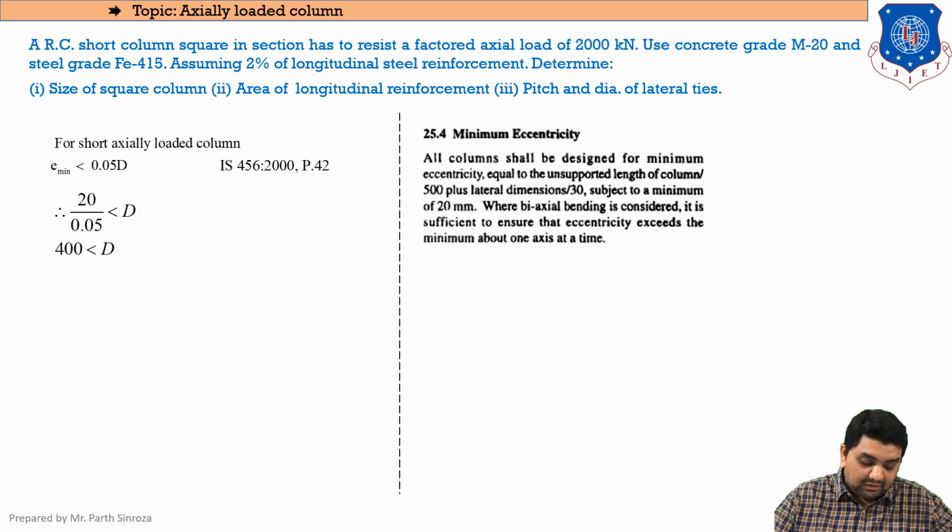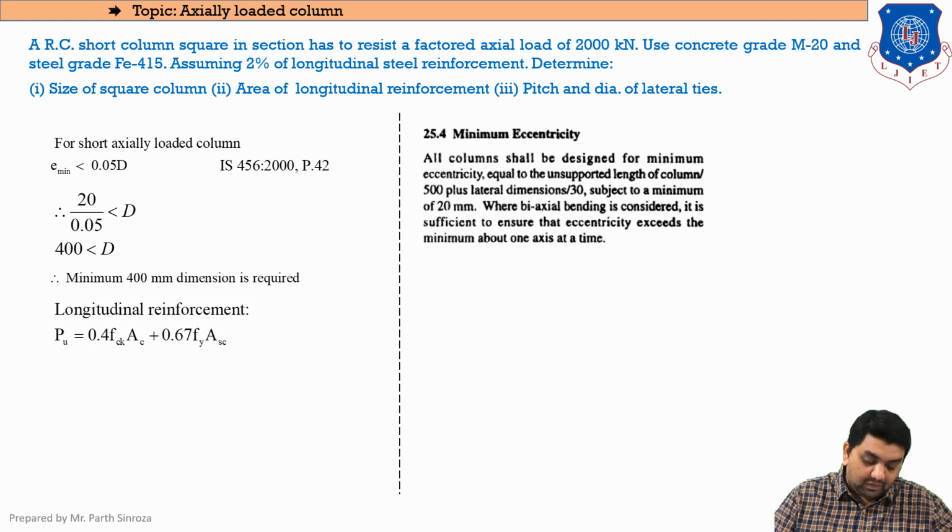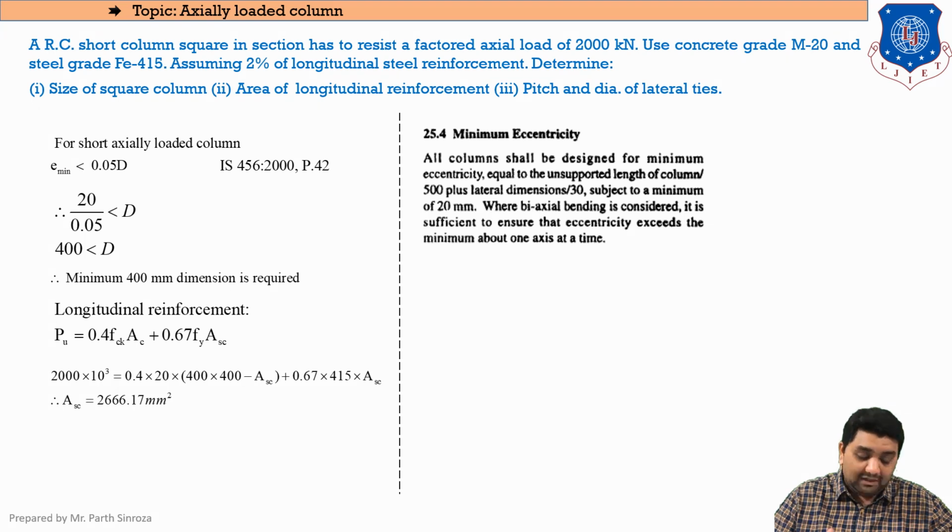Clear? So the next thing will be, once the minimum 400 mm dimension is required, the longitudinal reinforcement can be calculated. For longitudinal reinforcement, again we will be using the same equation that is given on page number 71. From that equation, you just need to note that you need to find the value of ASC.